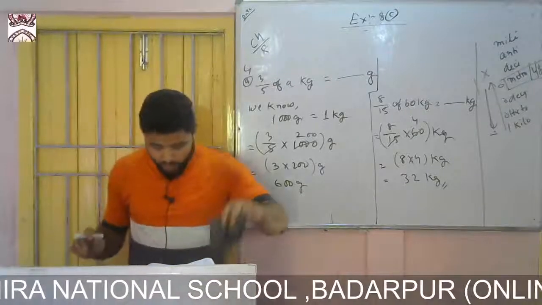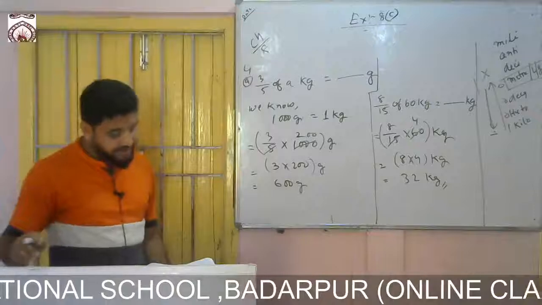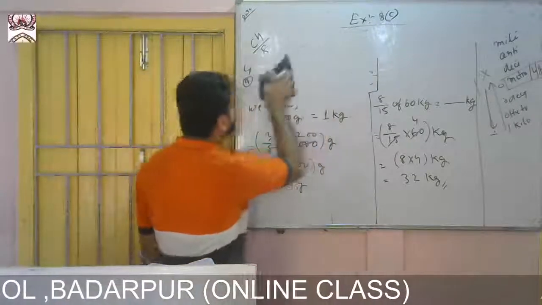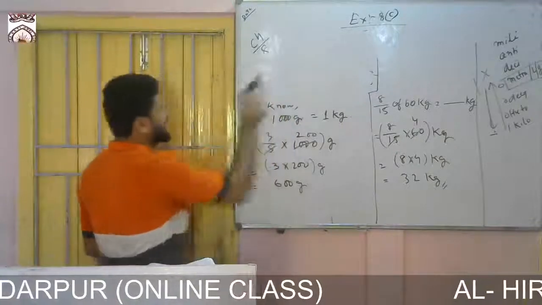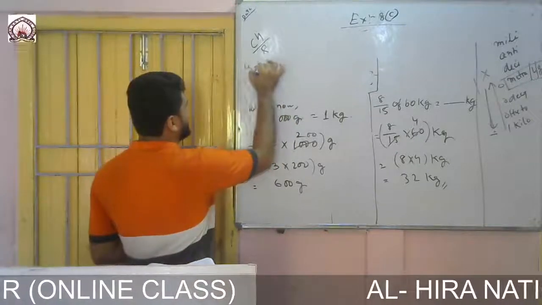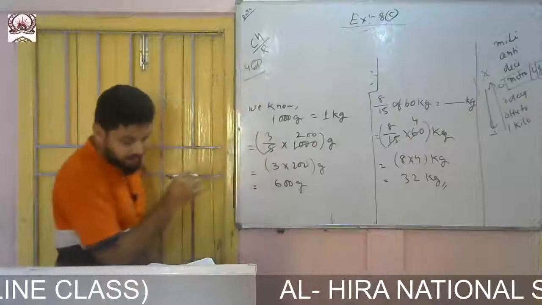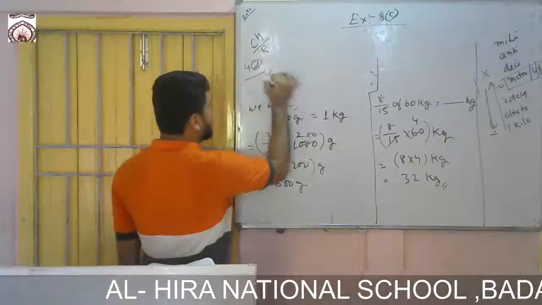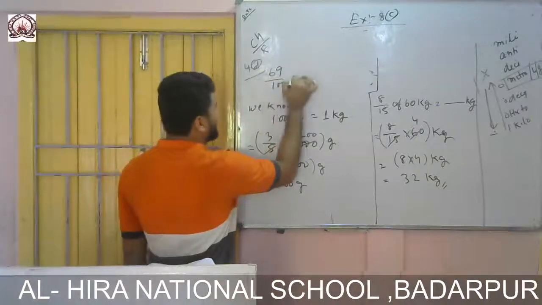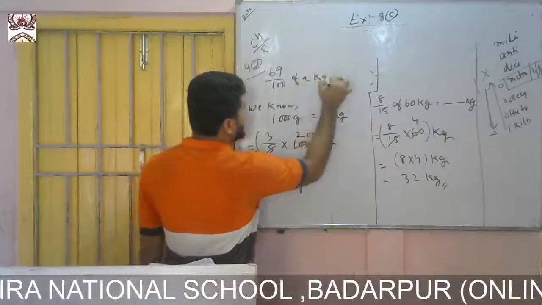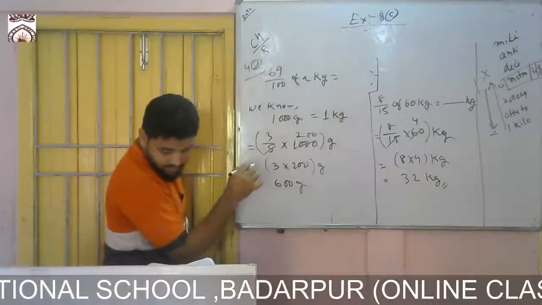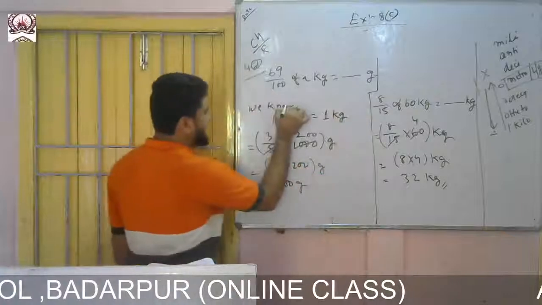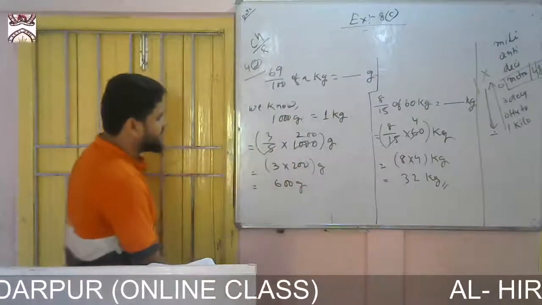Now which question? Let me show question number D. It's a big figure. Let me show it. Question number D, what is there? 4D. In the question, 69 by 100 of a kg equals to what? Gram. You need to convert into gram. As we know earlier, 1000 gram equals to 1 kg.